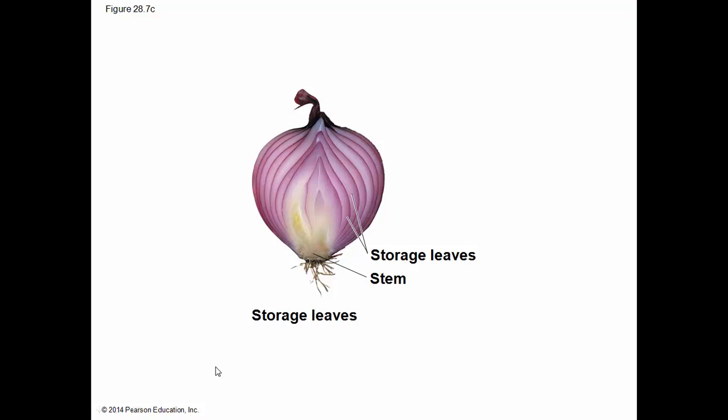So here's the stem down here in the base of the onion. This all grows underground, and then above ground is the photosynthetic part of the plant. It looks just like a daffodil, or you've probably seen wild garlic. The onion is a monocot.